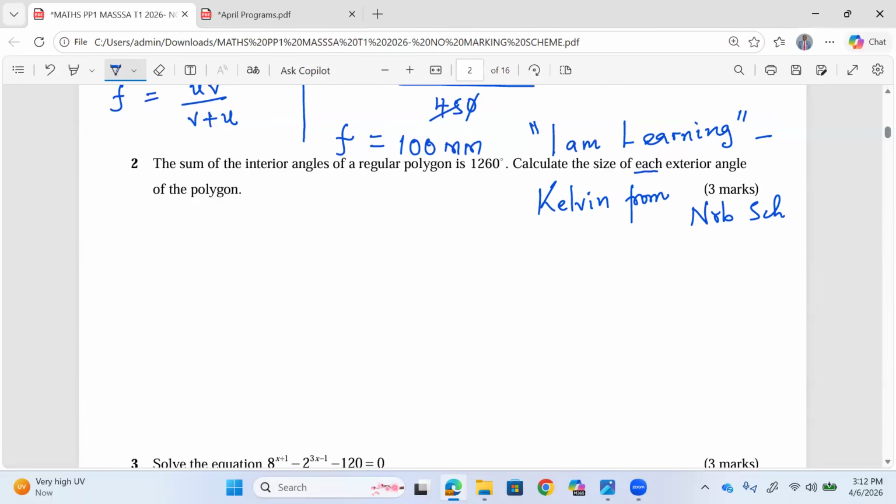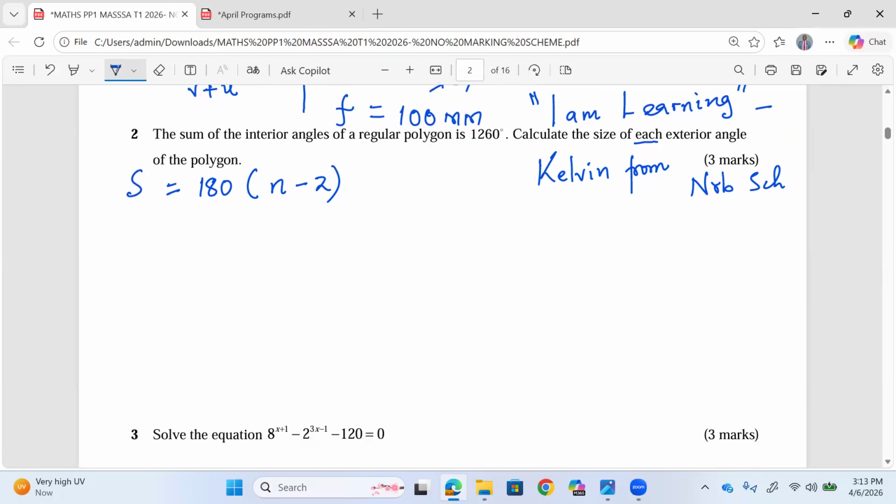We are checking number 2. Look at it carefully. You know, the sum of interior angles, depending on the number of sides of the polygon, is given by 180 into n minus 2. In this case, n minus 2 is the number of triangles. 180 is the sum of angles in one triangle times the number of triangles, or rather number of sides minus 2, which gives us the number of triangles.